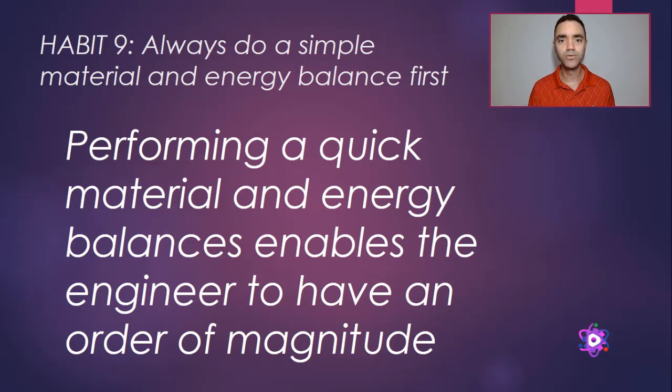And when you are doing your process simulation, if you already know the order of magnitude of the results that you will achieve, that is good, because if some results is very different from what you are expecting, you can identify that and do a double check in the inputs to make sure that everything is okay.